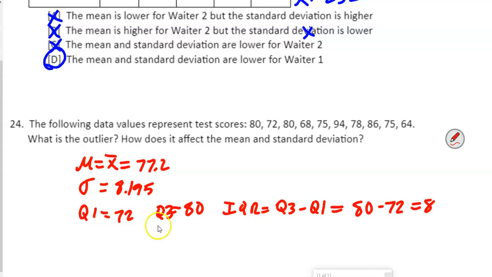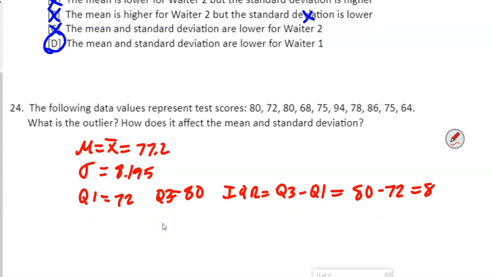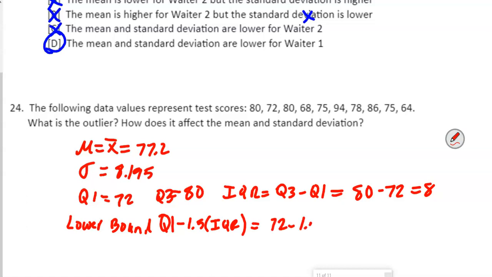Okay, now the way we find our outlier is we can find a lower bound. I want to actually write that out. Lower bound. And to do that, we're going to take our Q1 and we're going to subtract from it 1.5 times our IQR. Okay, so that's going to be equal to the 72 minus 1.5 times what?